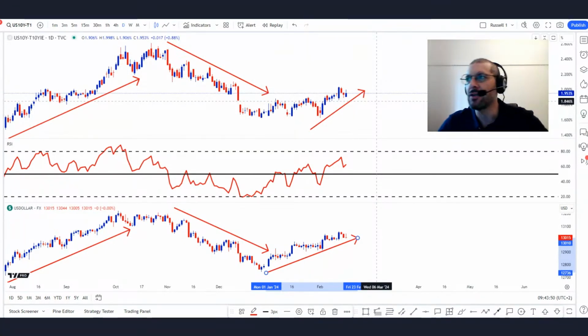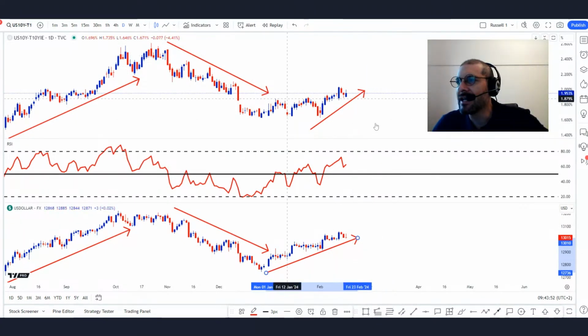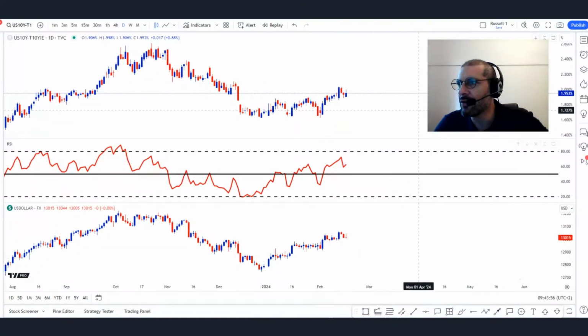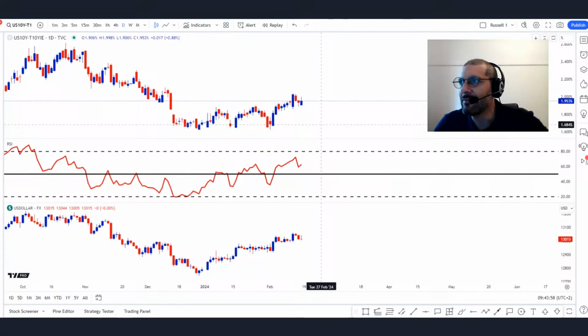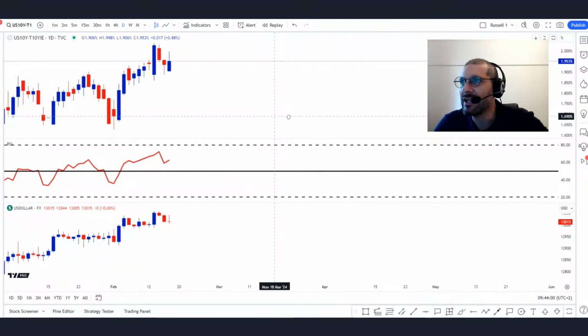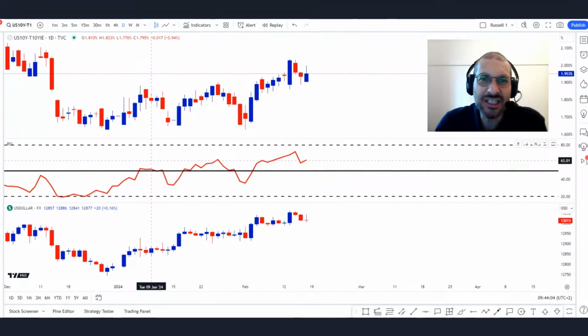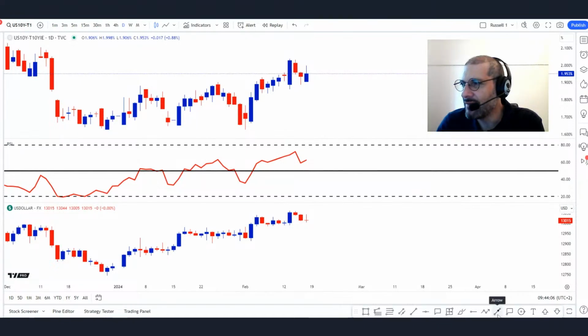Let's just clear off all the drawings. Okay, so we'll remove all the drawings. And if we just zoom in, I want to take a look at this on a weekly basis in a moment, just to get a very near-term, short-term perspective.